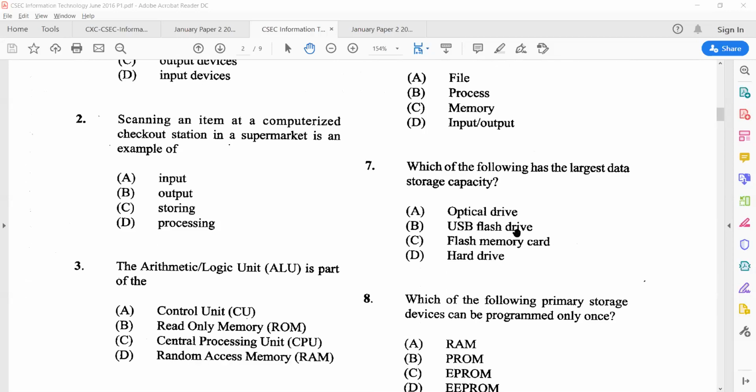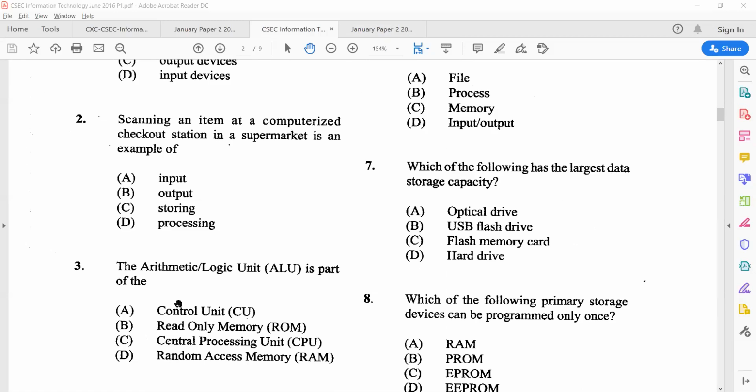Which of the following has the largest storage capacity? Right, so we have 4 options there. We have the optical drive, USB flash drive, flash memory card, and a hard drive. Out of these, which has the largest capacity?